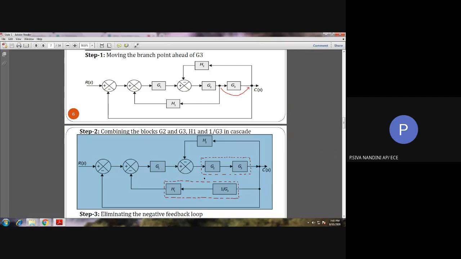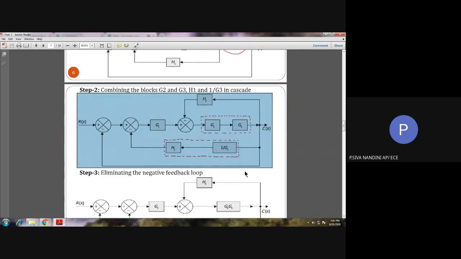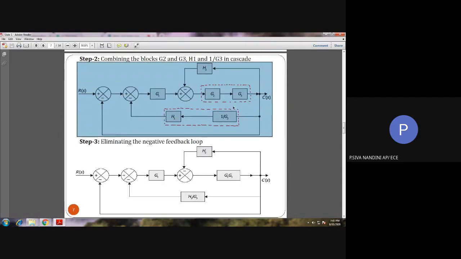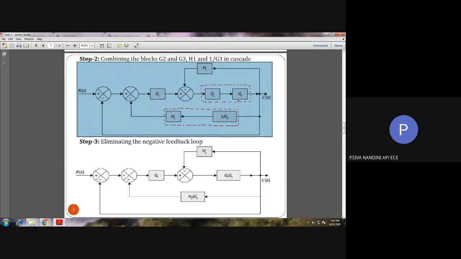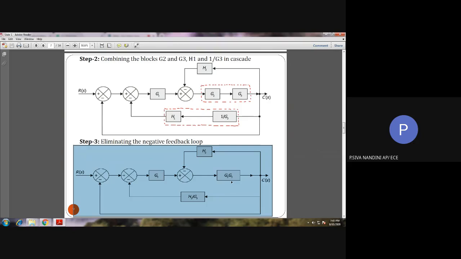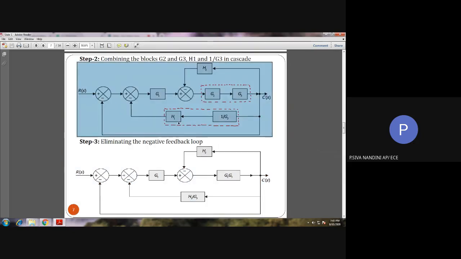Next, we can see here we are having the two blocks G1 and G2 in series. Okay, this G2 and G3 block in series is cascaded to form the G2 into G3 block as shown in step 3. Next, here we are having one more pair of blocks in series, that is H1 and 1 by G3.